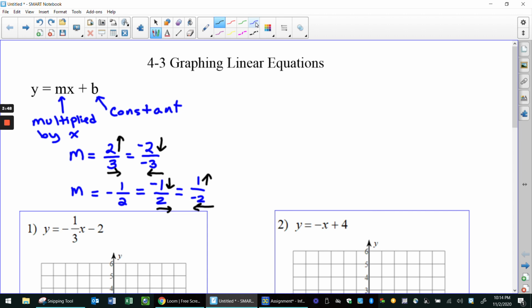And we're going to talk about the y-intercept now and how the y-intercept behaves when we're graphing. When we're graphing, our y-intercept, I'm going to write the equation down again, y is equal to mx plus b. This plus sign is important.